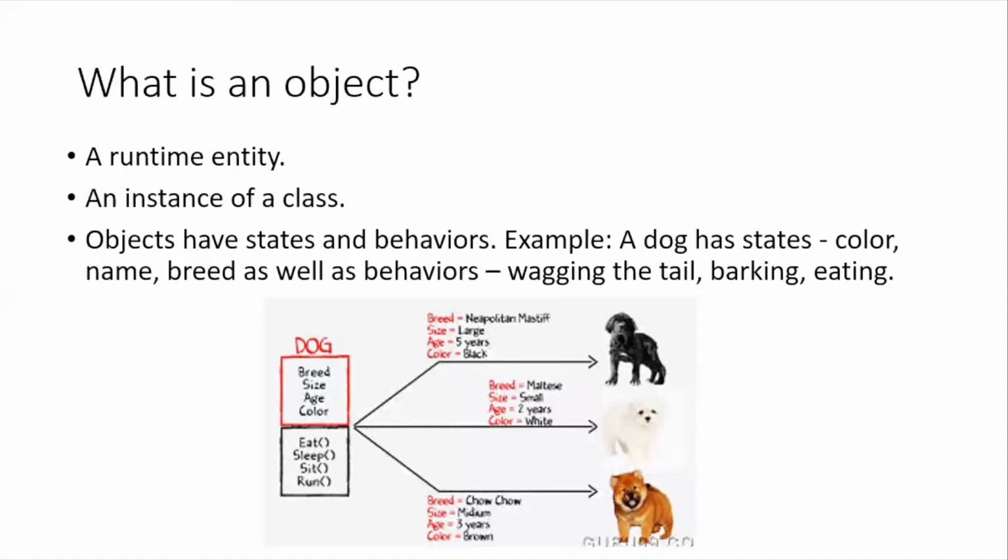The location, say, was part of the state of the object. So the run operation is responsible for changing the state of this particular object, right? This is how state and behavior are related to each other.